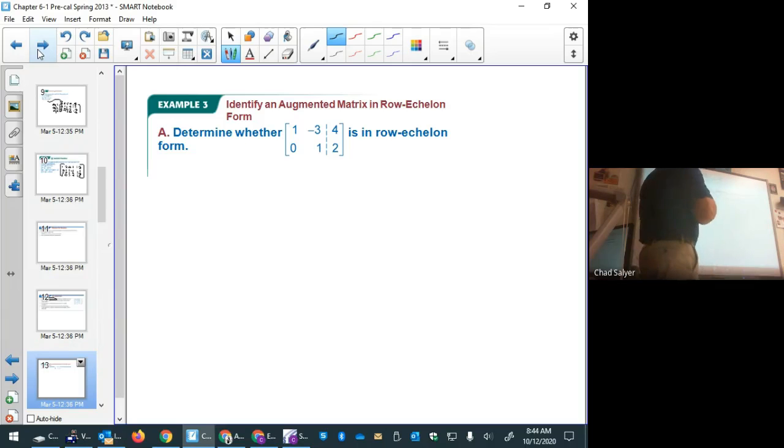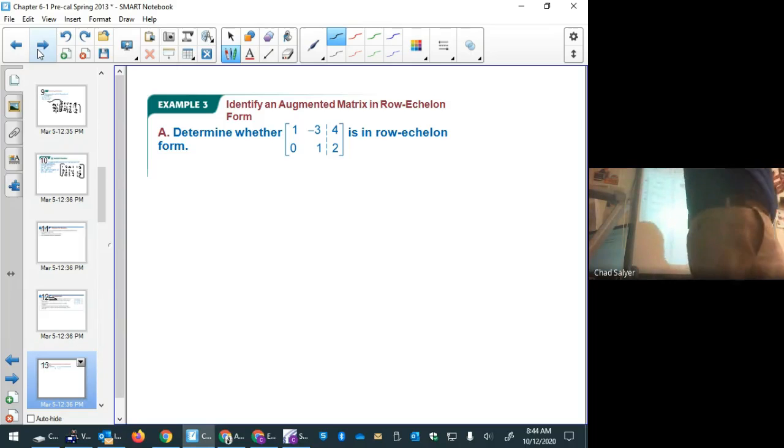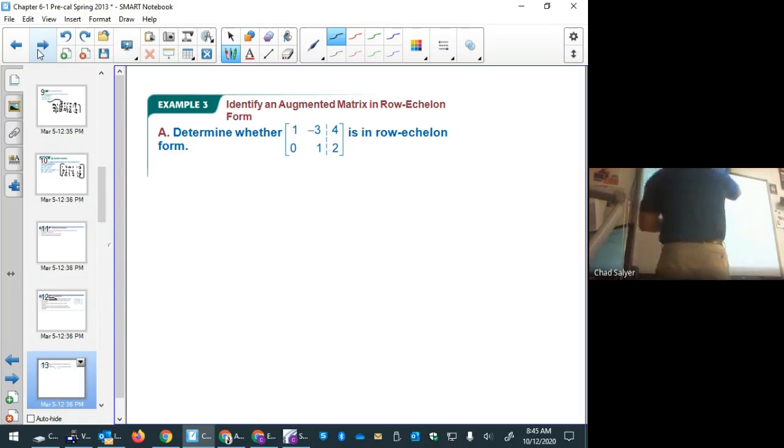So is this one in REF? What do you think, Allie? Okay, what makes you think it's disqualified? Okay, so here's just a little mental algorithm for you to go through. Are there ones on the main diagonal?